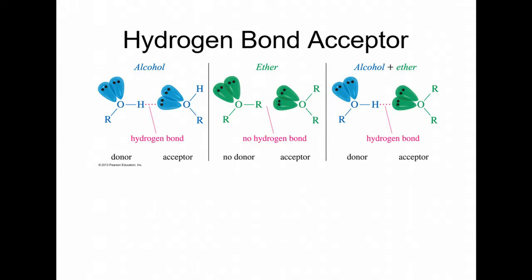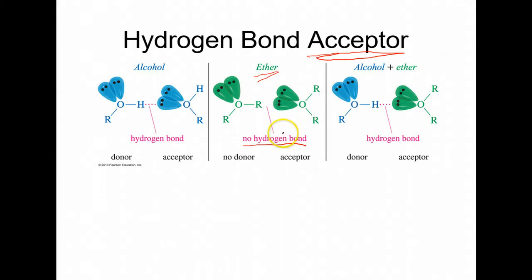All right, hydrogen bond acceptor. The point they want to make here is the acceptor. Ethers do not have H bonding, hydrogen bonding, because you don't have a hydrogen. Sorry about that, I'm still trying to get used to this thing.